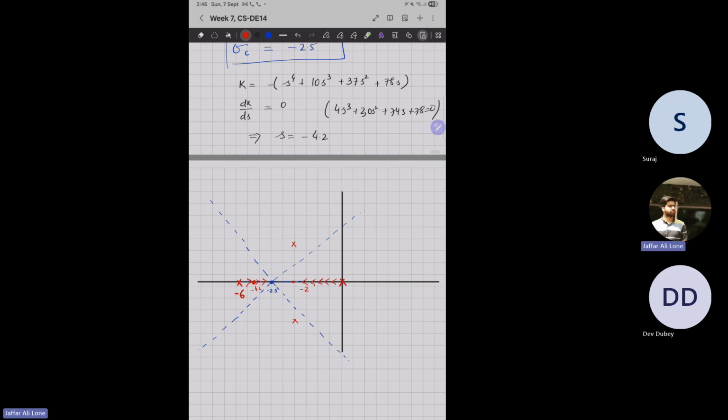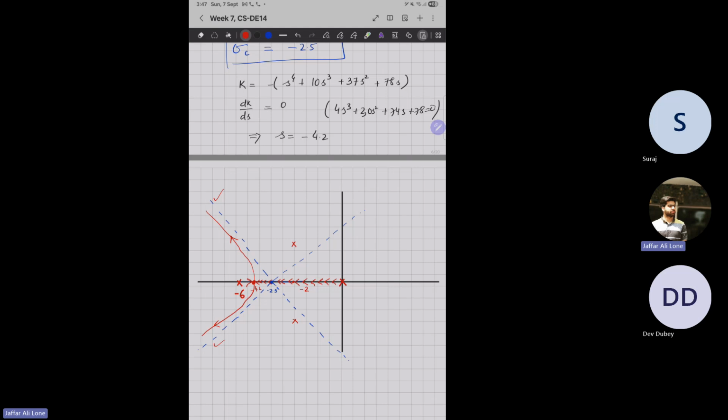So it means my root locus comes like this, then it breaks here, and goes to infinity along this asymptote, and goes to infinity from here along this asymptote. This is fine. So this part of root locus is clear. So two poles went to infinity through asymptotes, this asymptote and this asymptote.